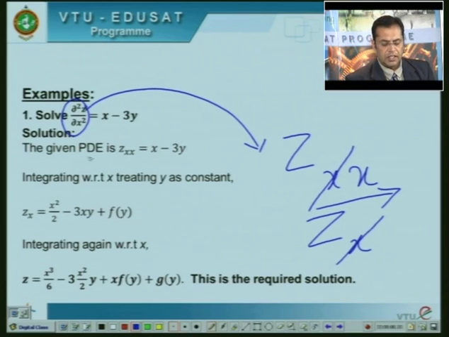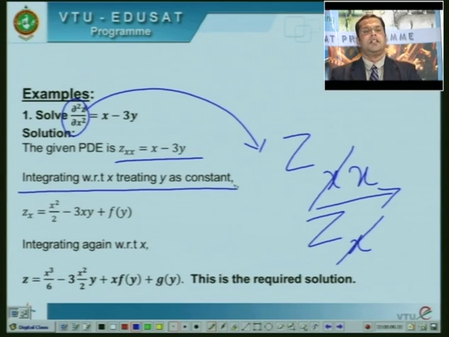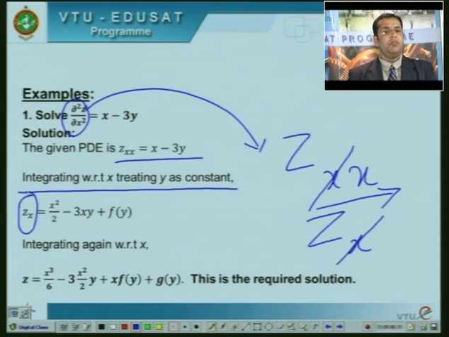So, the given PDE is zxx equal to x minus 3y. So, first we remove the first x in the subscript, integrating with respect to x, treating y as constant. As I told you friends, observe zxx is now changed to zx. So, the left hand side will be zx.